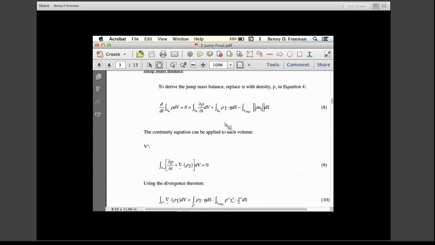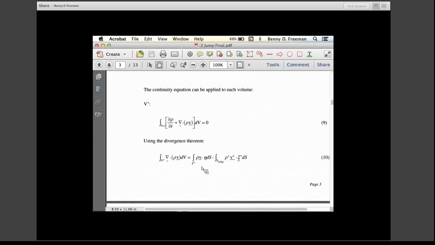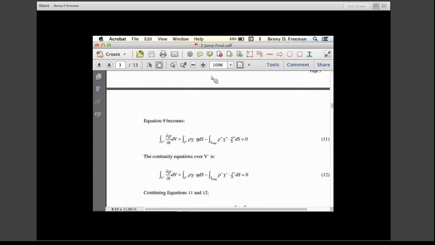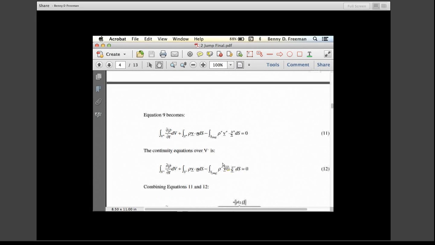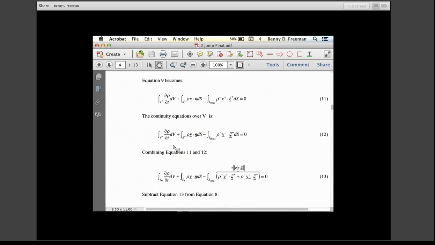And so we can use this rewritten form of the continuity equation in our expression for basically the mass balance over V plus, and the result is shown here. We can apply the same type of approach to V minus, and then we can combine these two results.